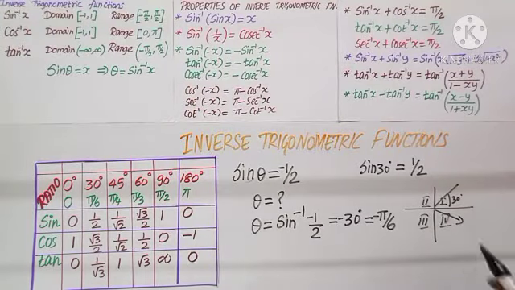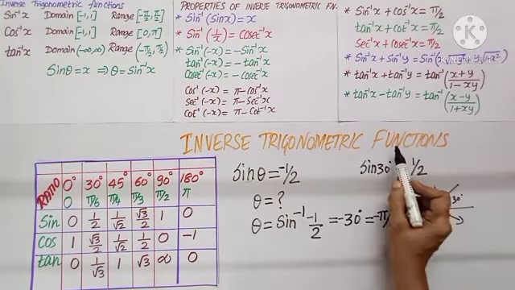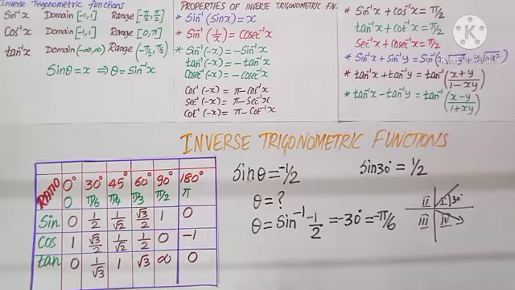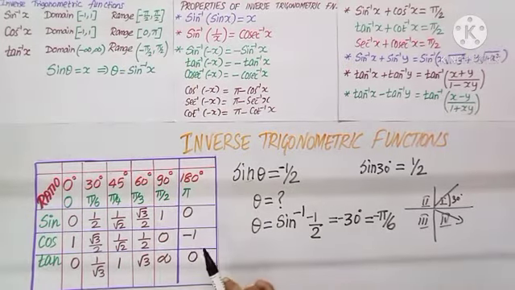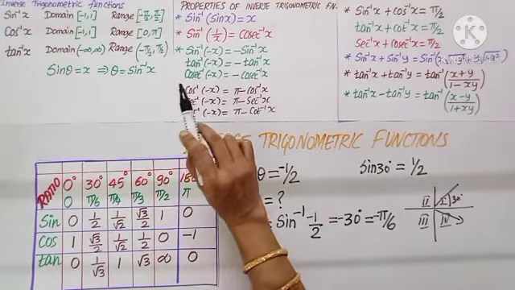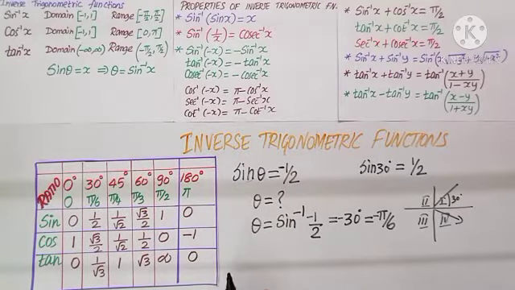If I take the entire value, it will no longer be a function because one element in the domain should have a unique image. If it has more images, it cannot be a function. So, we restrict the range as minus pi by 2 to pi by 2 for sine inverse.